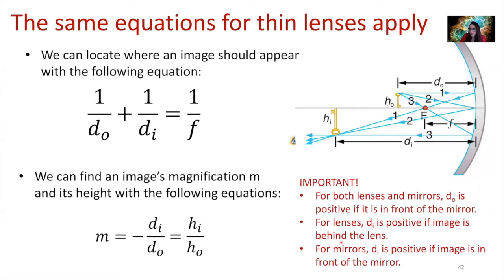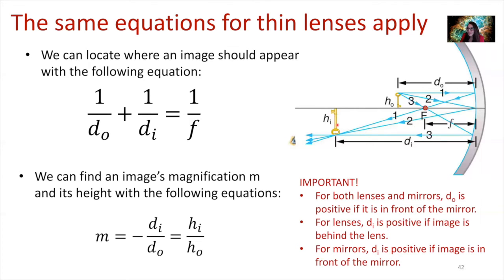But for mirrors, di is positive if the image is in front of the mirror, okay? So for example, here we have a converging concave mirror. Here's our object, a key. This mirror is going to create a real image. That image is going to appear on the same side of the mirror as the object. And in this case, di is positive because our image appears in front of the mirror. And again, that's swapped from our convention for thin lenses.